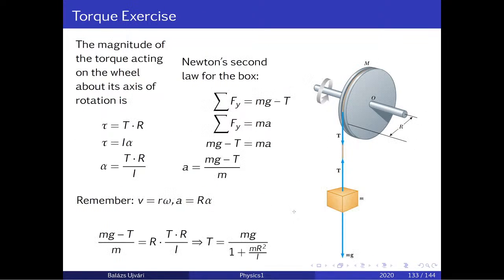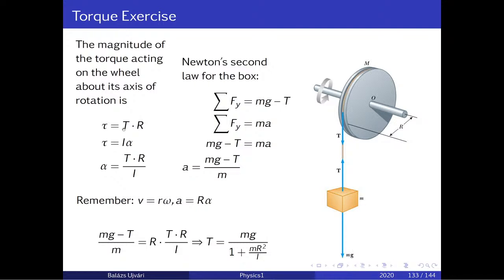So every force that goes through the axis of the rotation won't give any torque, only this still unknown T will do any angular acceleration. What is the dynamical equation for that? It's pretty simple.